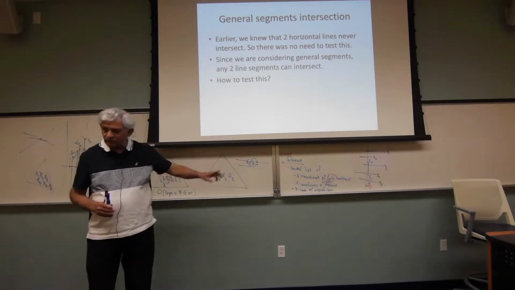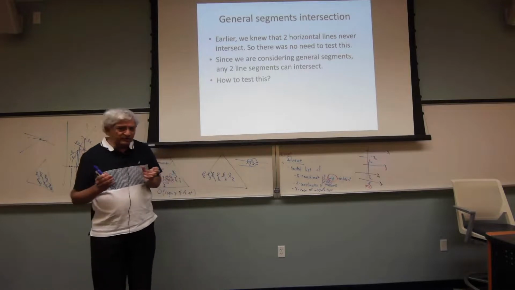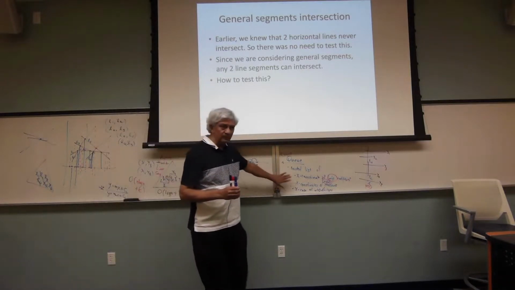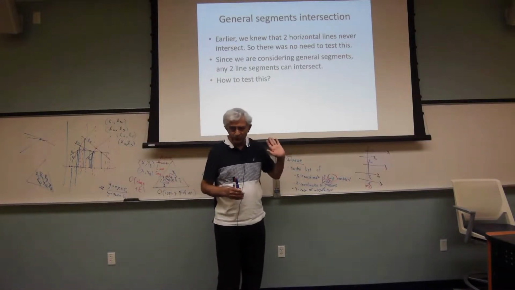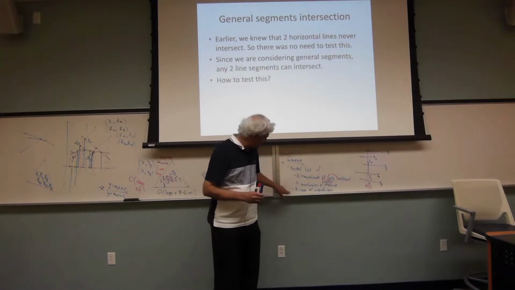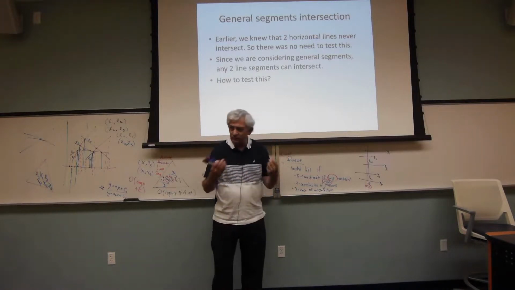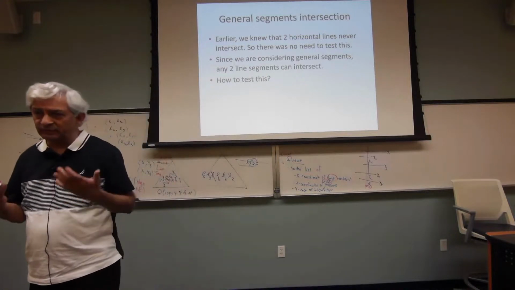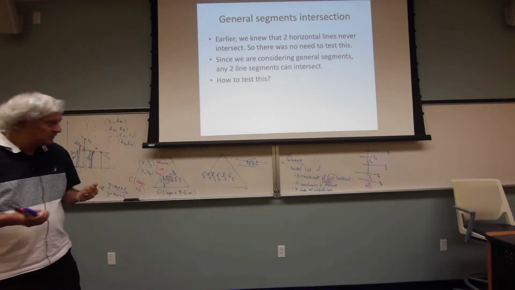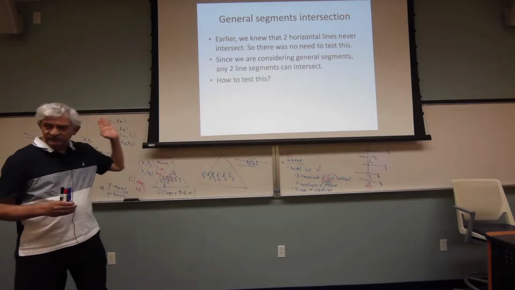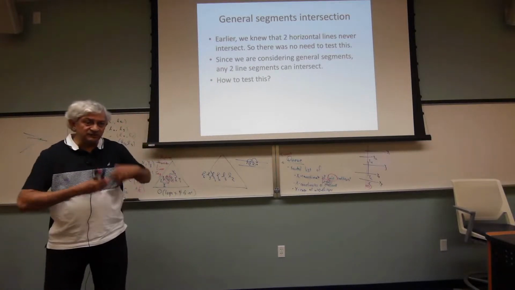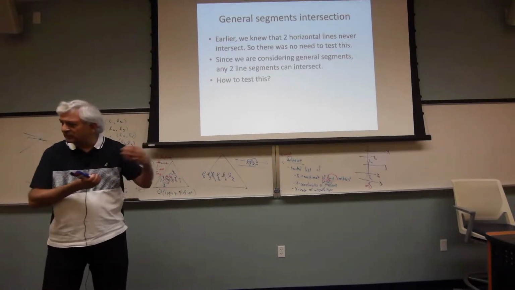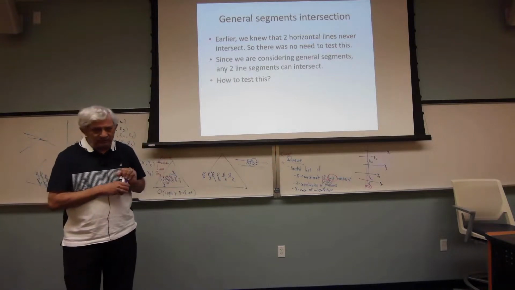So the event queue is more or less the same, except that we only care about left endpoints and right endpoints. But later on, we'll also have x coordinates of these intersections that will get added there as possible events. Then we will process the events from left to right, except that this event list is somewhat changing. There are things that keep getting added to it.